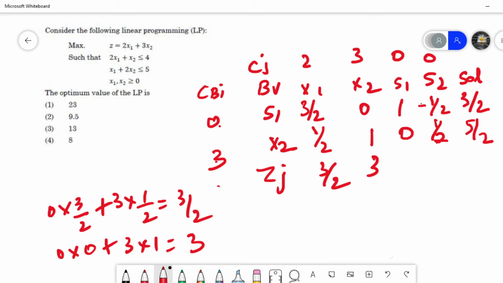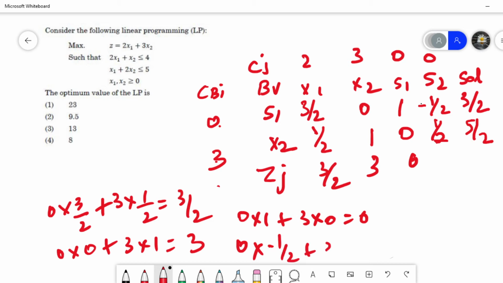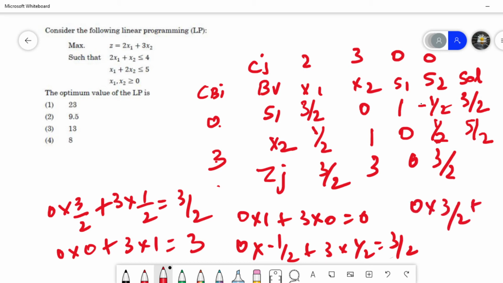Next 0 into 1 plus 3 into 0, so that is 0. Next 0 into minus 1 by 2 plus 3 into 1 by 2, so that is 3 by 2. So next 0 into 3 by 2 plus 3 into 5 by 2, which is 15 by 2.